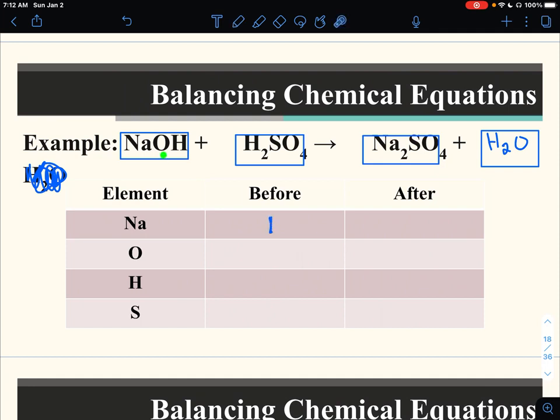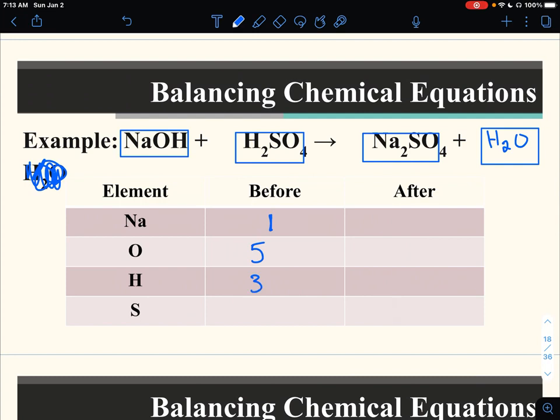O, there's 1 here and 4 here, so 1 plus 4. H, same thing. There's 1 here and 2 here, so we'll do 1 plus 2. And then S, we have 1. After, we have 2, 1, 5, 2.